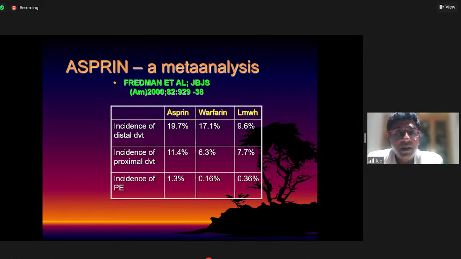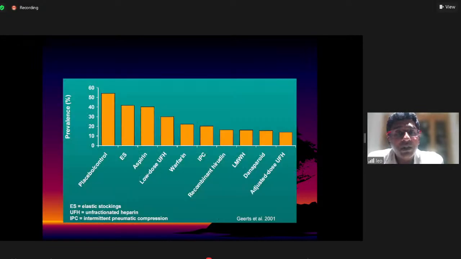But basically, I think these suggestions didn't really have much validity to them. Geerts et al. again compared the effects of aspirin quite some time ago, and they suggested that it was better than elasticated stockings alone, and definitely better than placebo, but it was inferior to low molecular weight heparin, unfractionated heparin, warfarin, and so on.